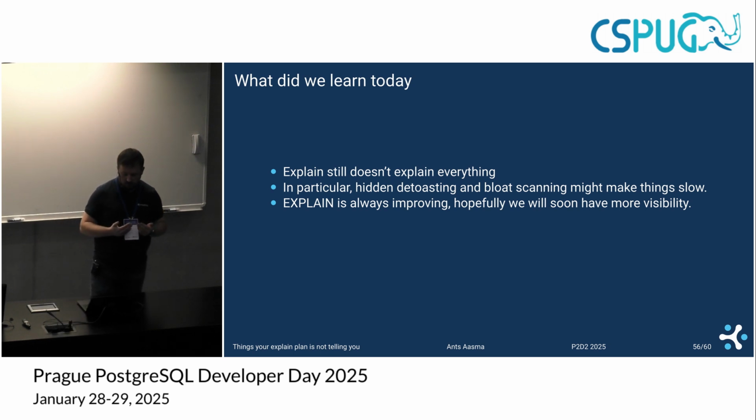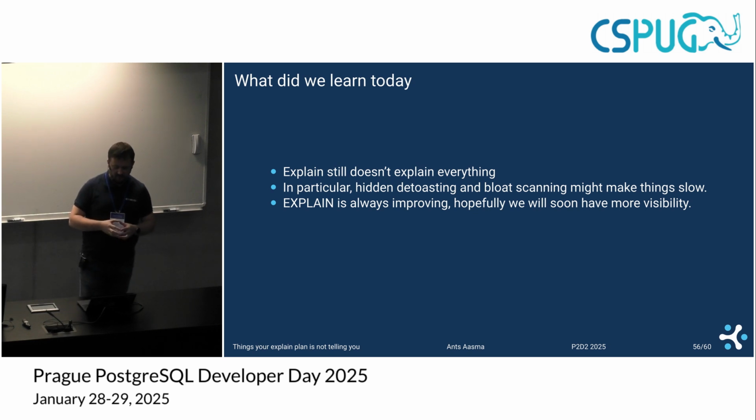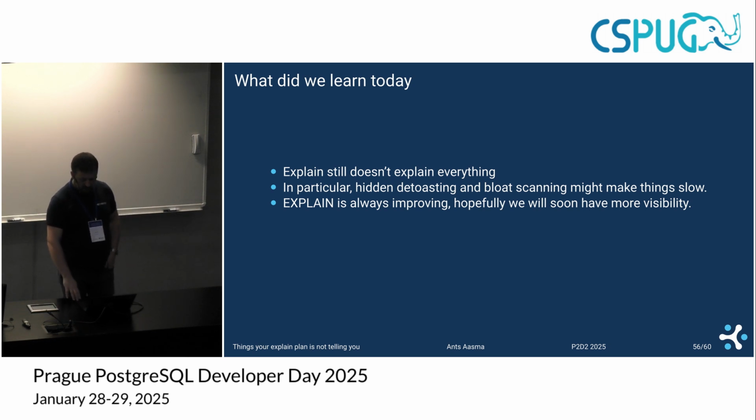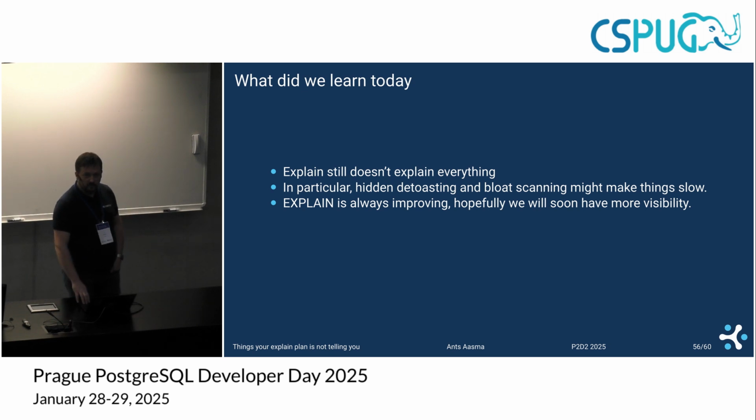But the stuff that I did include is some of the stuff that I have been seeing in the field the most. And explain is always improving, so once we get some patches into Postgres, maybe we'll have some more visibility into how our plans are planned, executed, and running. And maybe next year or in a few years, we can do a talk on how Postgres fixes those issues.